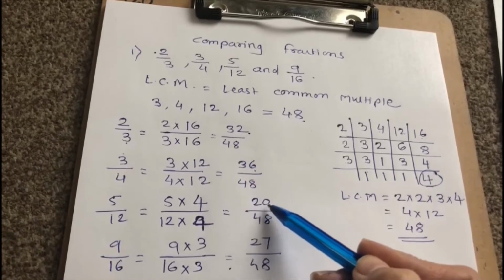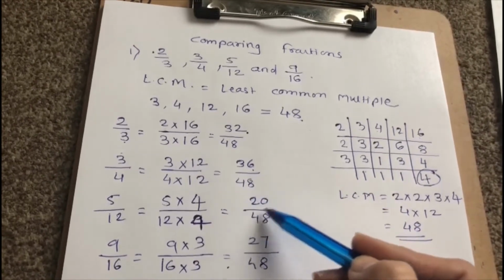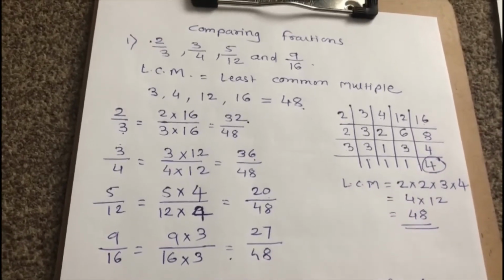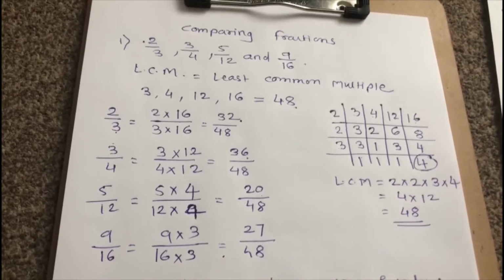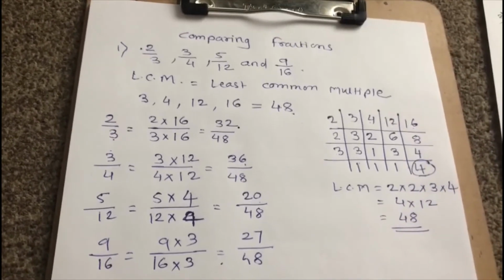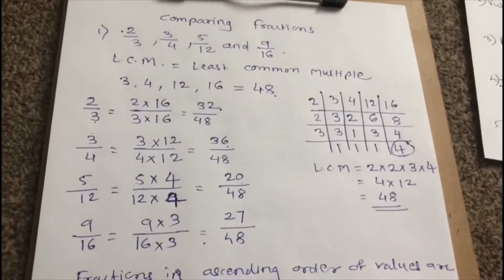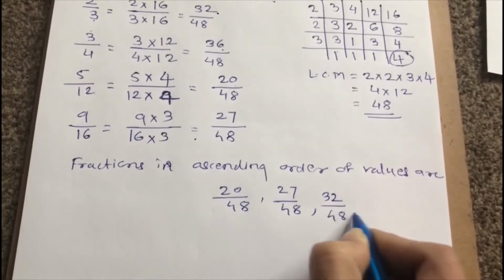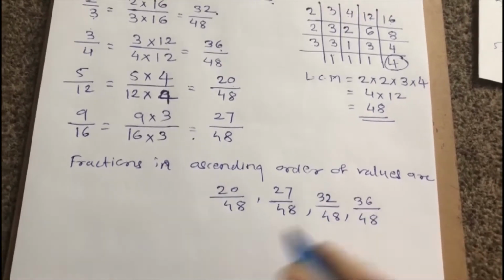So 20 is the least numerator, that means 20 by 48, then 27 by 48, then 32 by 48 and 36 by 48.